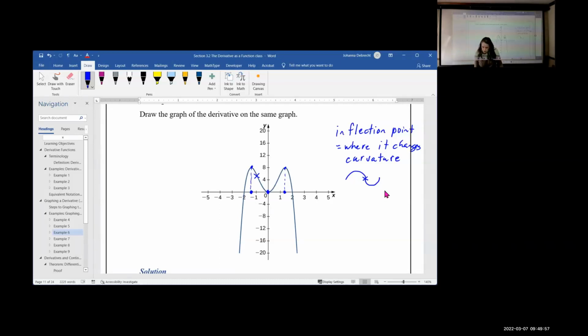There has to be another one over here on the right side. And based on the fact that the graph is symmetric, then the inflection points will be symmetric. Now, what do inflection points become? These become maxes and mins on the derivative.